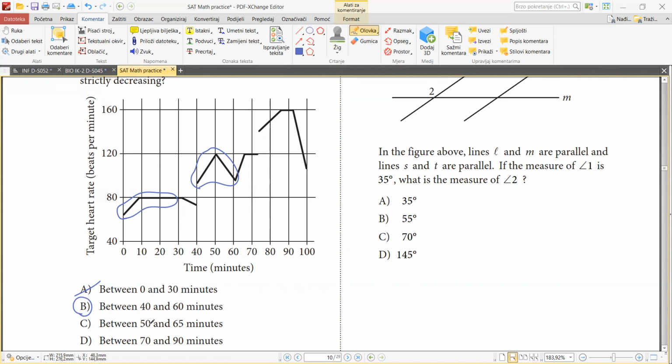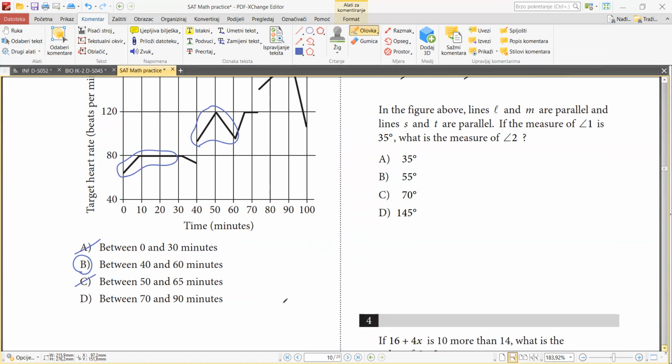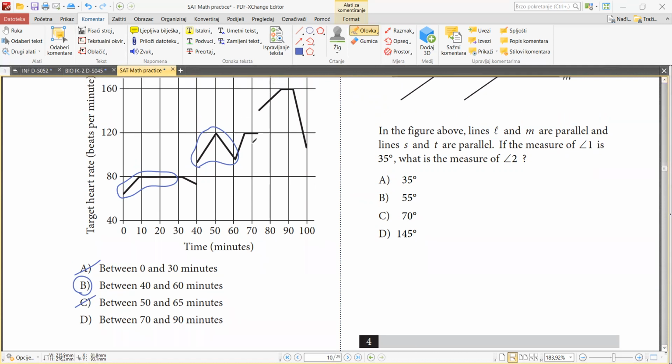Between 50 and 60 minutes, this is decreasing at the beginning and then increasing, so not the correct one. And between 70 and 90 minutes, we have this part here, which has no change. So we'll select answer B.